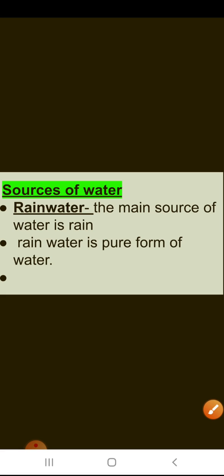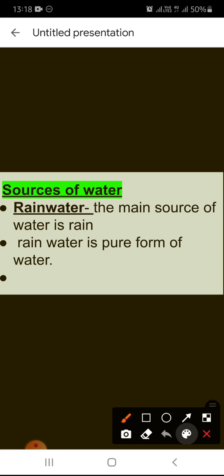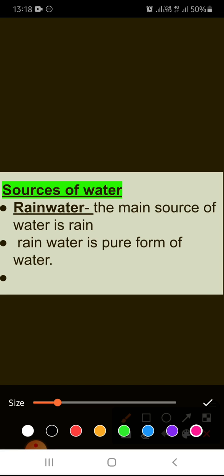Now we have studied about water. Now what are the sources of water, from where do we get the water? So the sources of water are, first, rainwater. Rainwater is the main source of water, and rainwater is the pure form of water.